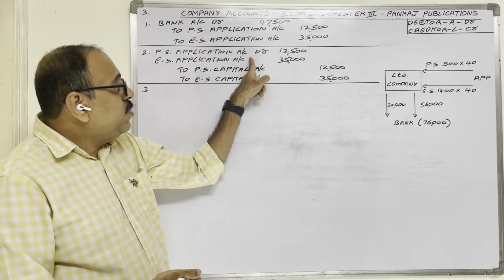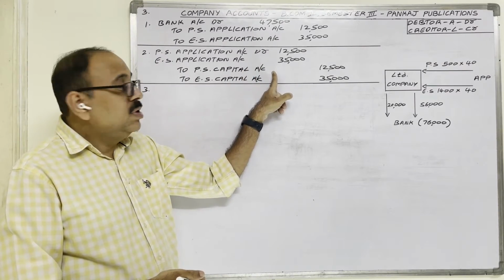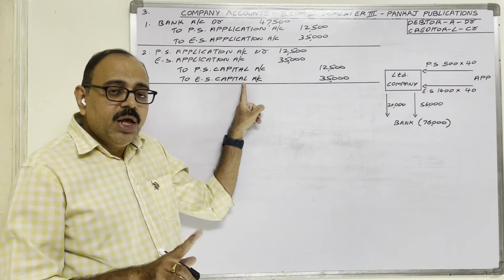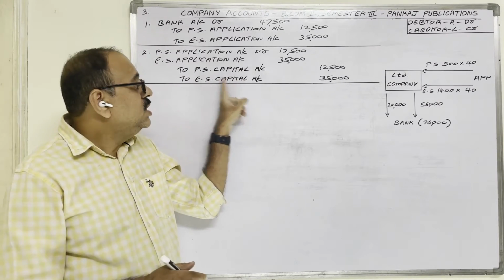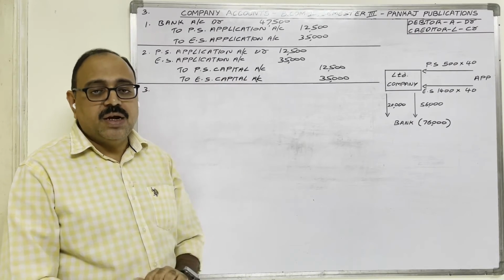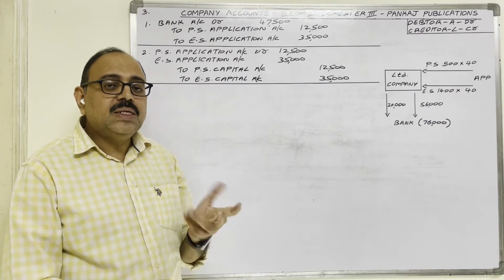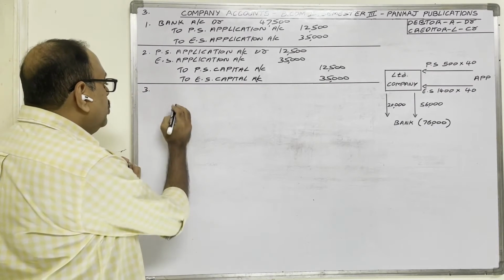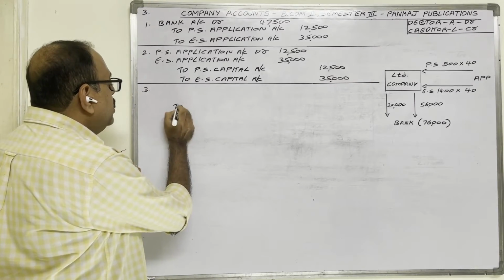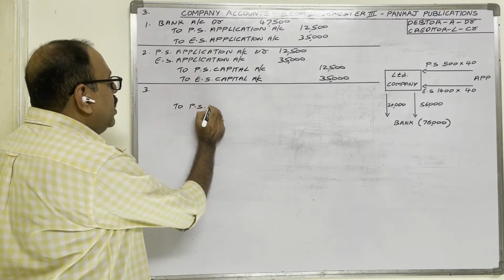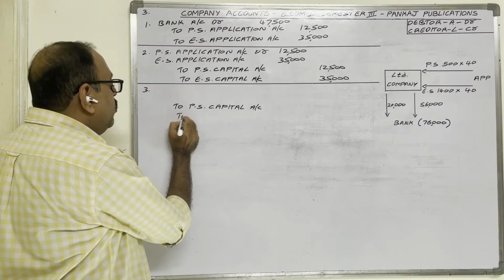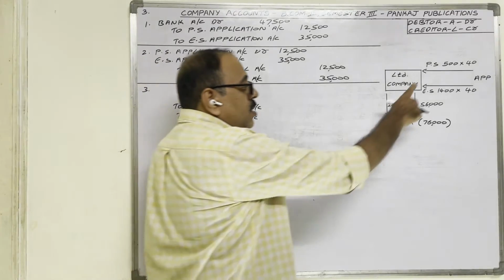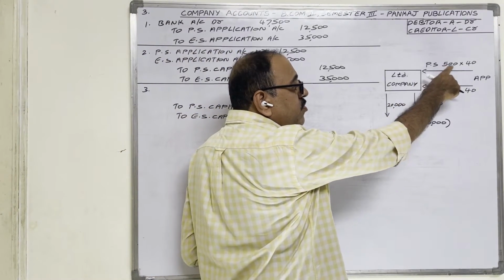To transfer application money to capital account, share capitals are created now. To transfer allotment amounts to capital account also, share capitals are to be credited, because capital is a liability, and a liability shows a credit balance. We should credit preference share capital account and equity share capital account. Amounts: applicants subscribed for 500 shares.